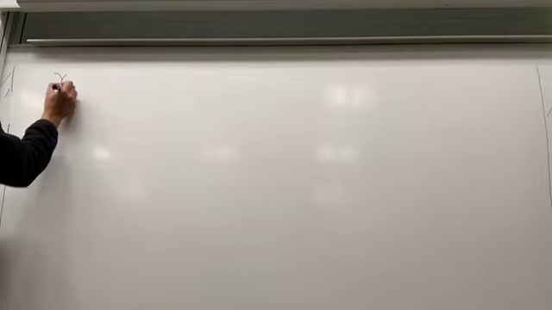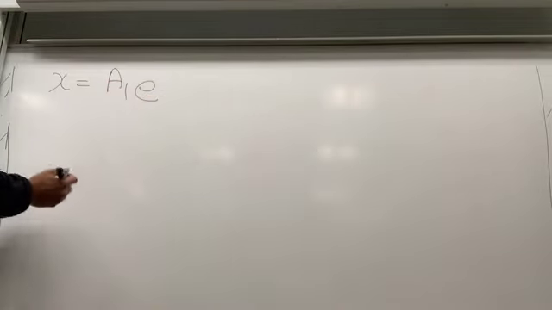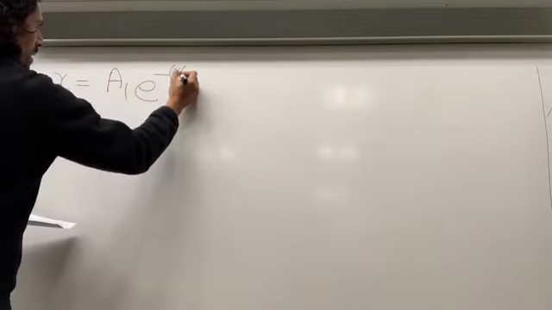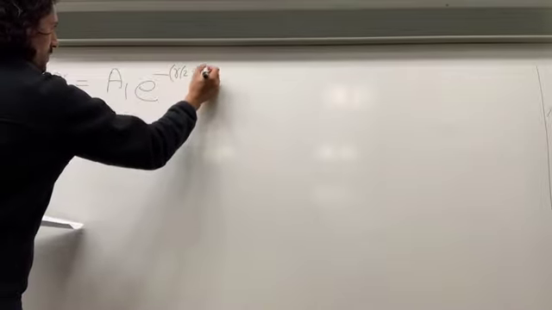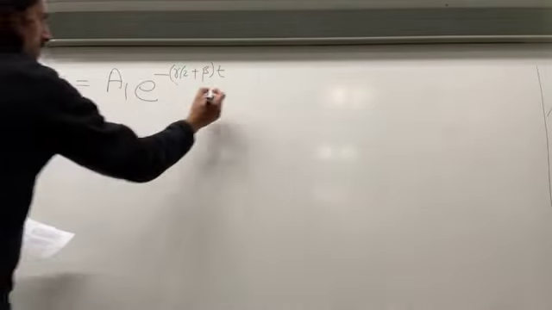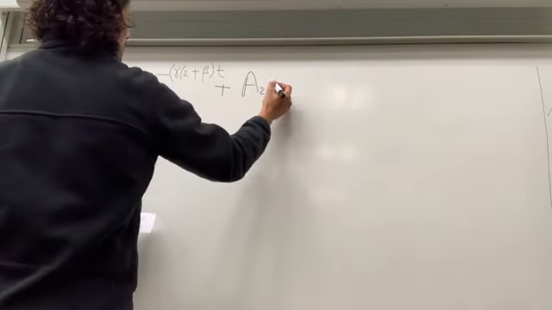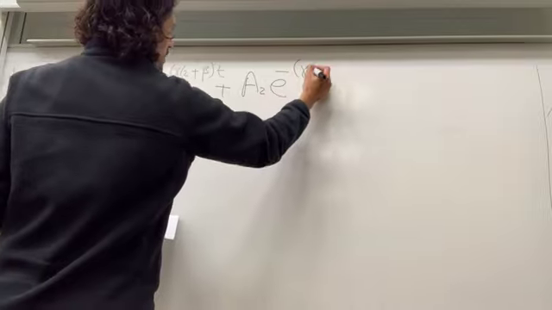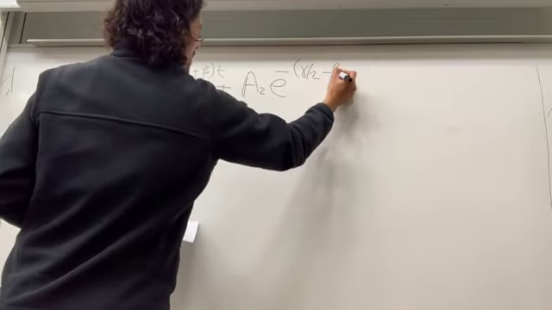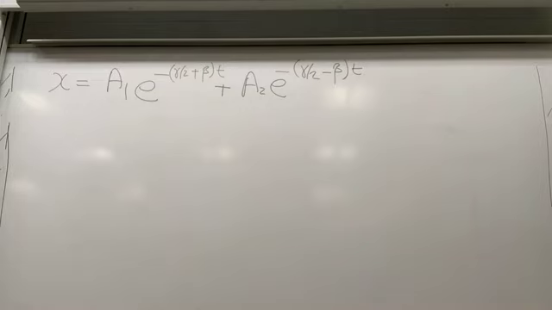So x now would be A1 e to the power minus gamma over 2 plus beta times t plus A2 e to the power minus gamma over 2 minus beta times t. This is the solution for overdamping.